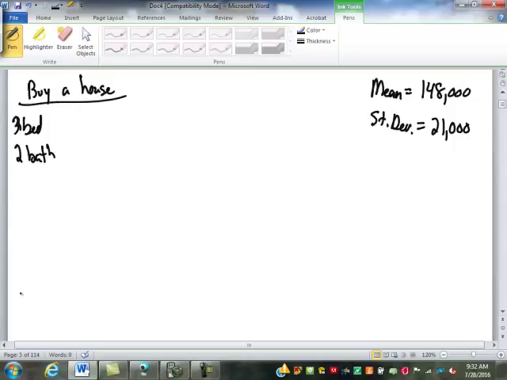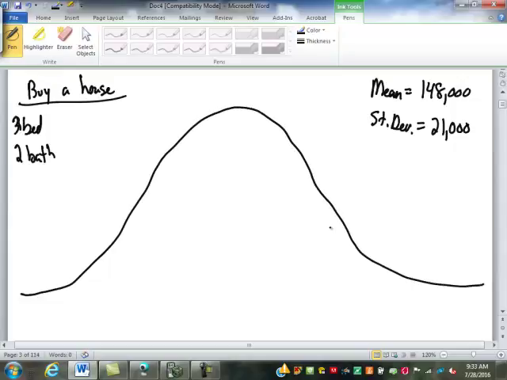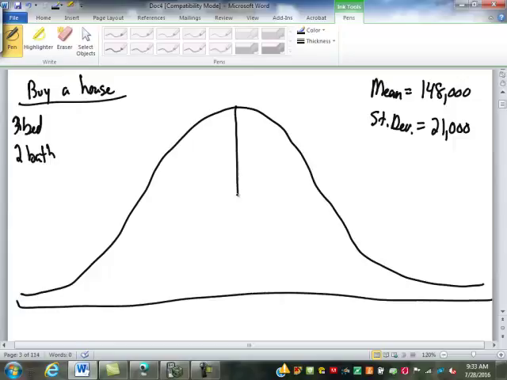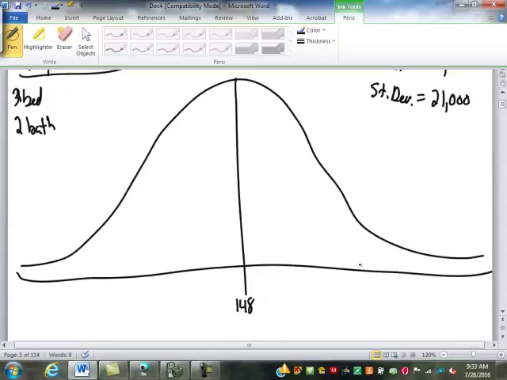So what does that mean? That means if we draw this bell curve, what number is going to go at the center of this bell curve? 148,000. I'm just going to put 148 there just to save some room. If I go one notch over, what percent goes in here, by the way? 34%.